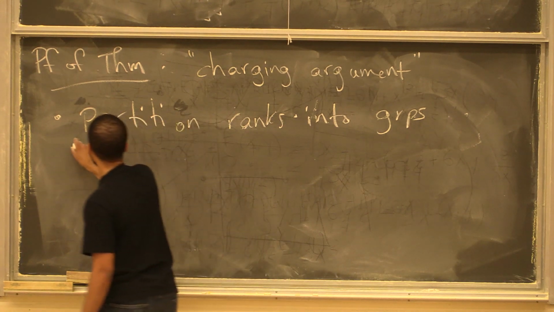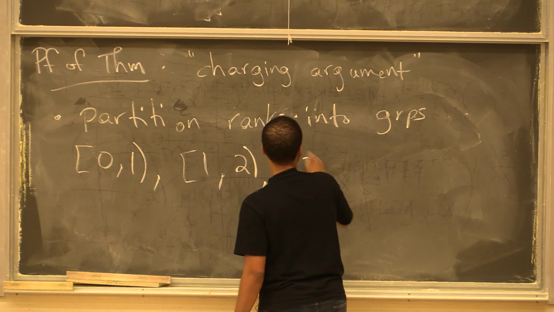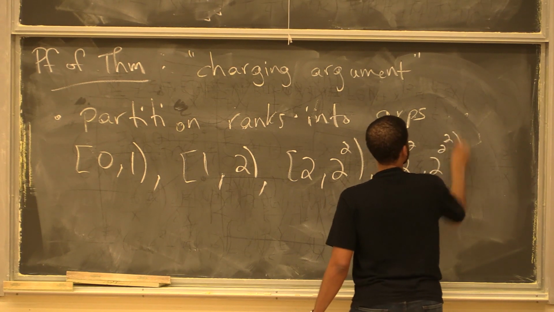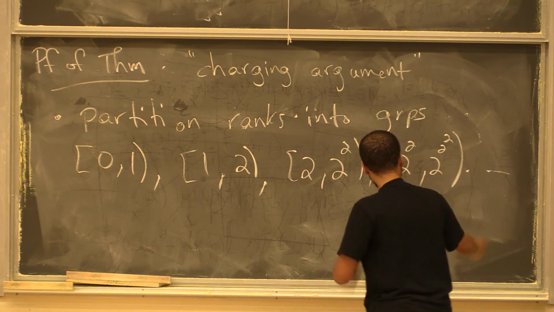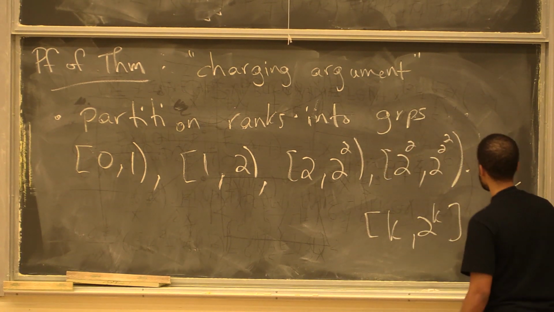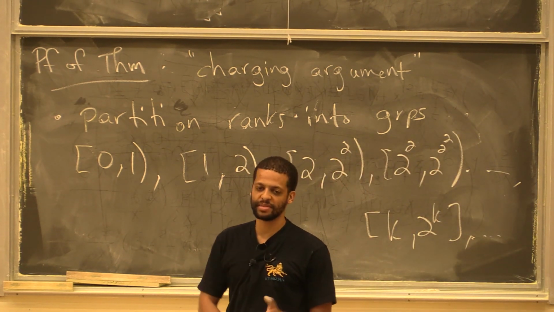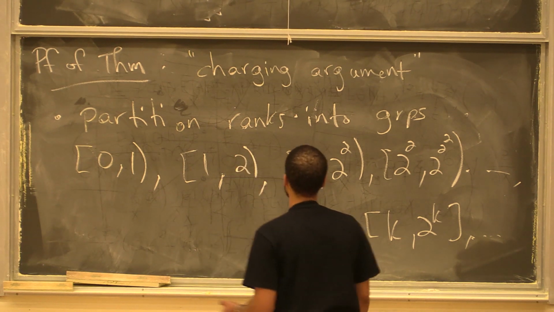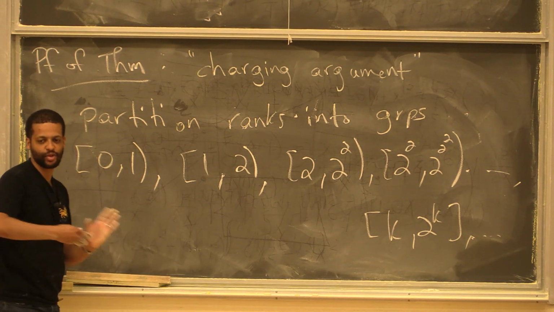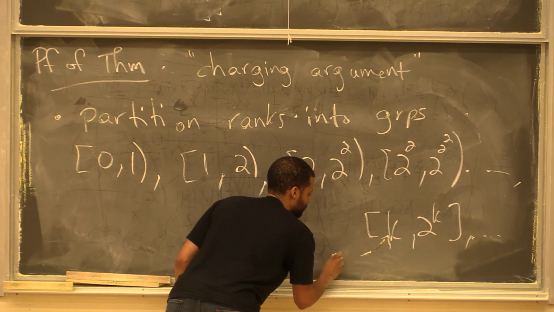So there's everyone who has rank between 0 and 1, everyone who has rank between 1 and 2, between 2 and 2 to the 2, between 2 to the 2 and 2 to the 2 to the 2, etc. In general, between k and 2 to the k. People have ranks. Ranks start at 0, and then sometimes they get incremented over and over again. So I'm just partitioning rank space into these different intervals that are disjoint. I'll call this group K.